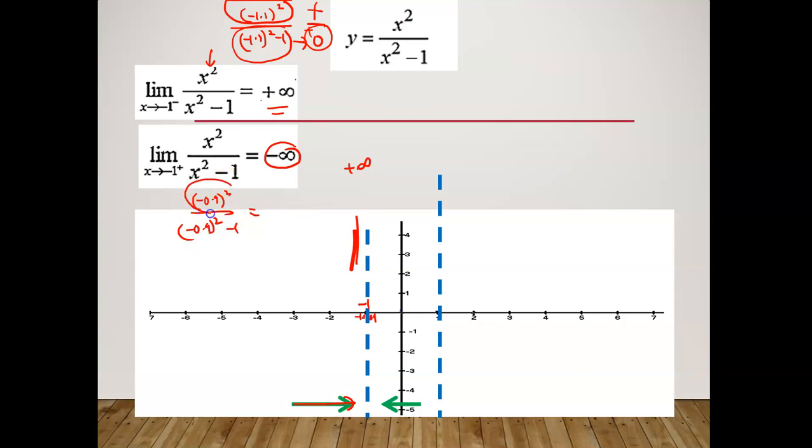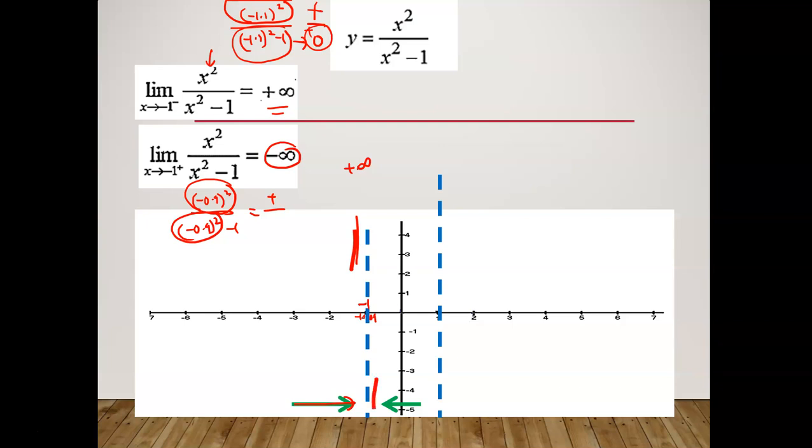The numerator is a positive value, and the denominator, negative 0.9 squared minus 1, is a negative value approaching 0. So a positive number divided by a negative value approaching 0 is approaching negative infinity, because it is divided by 0.